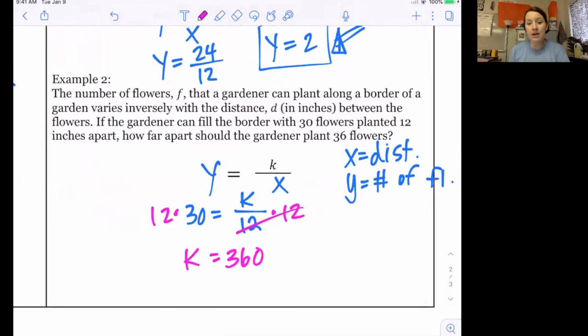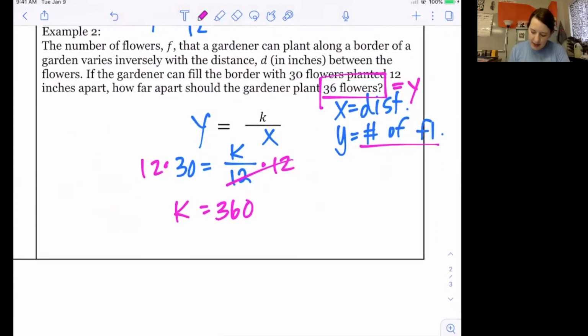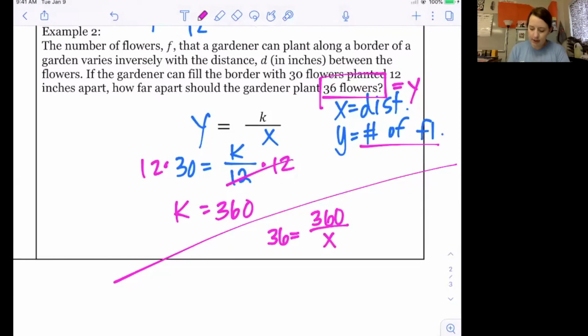Okay, that doesn't have a unit. It's just our constant of variation. So then we can use that. We want to know how far apart should the gardener plant 36 flowers. So that's going to be our Y value. So we can say Y equals 36 equals K, which is 360 over X. So we're going to need to solve for X. So we get 36X equals 360.